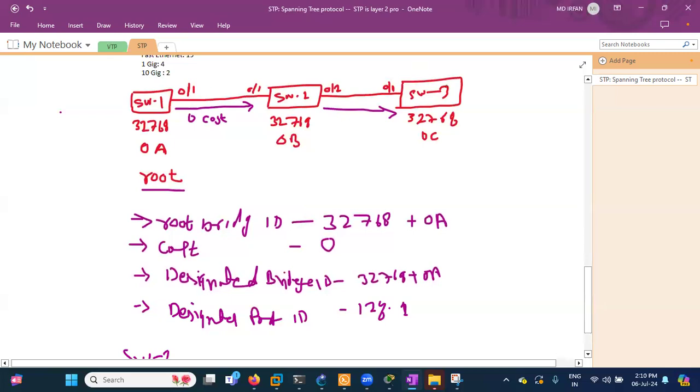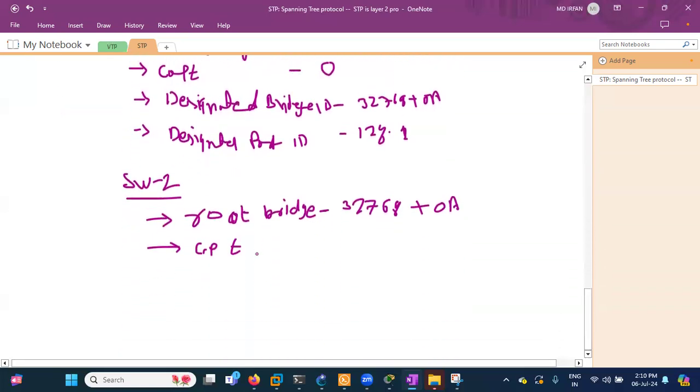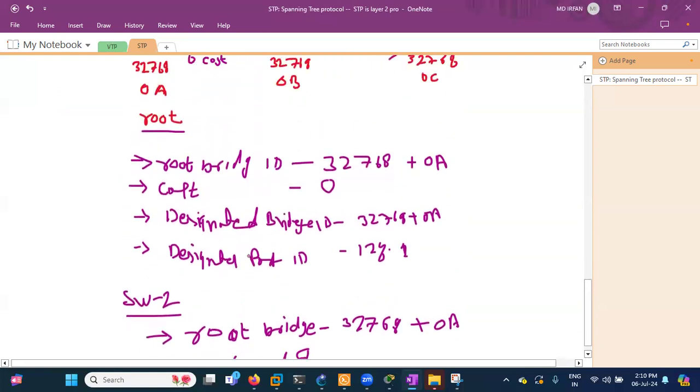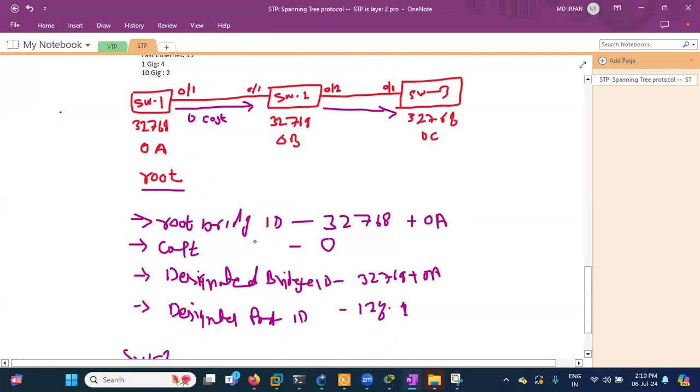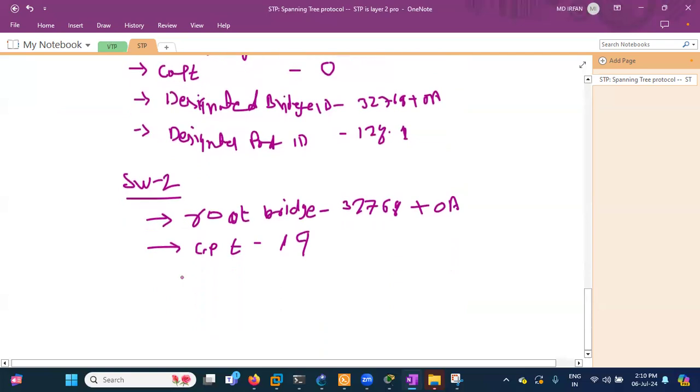This is sending to this, so whatever the cost at this interface is, it will add. So its cost will be 19 if it is Ethernet 100 Mbps. Okay. Cost will be 19. And then the designated bridge ID.